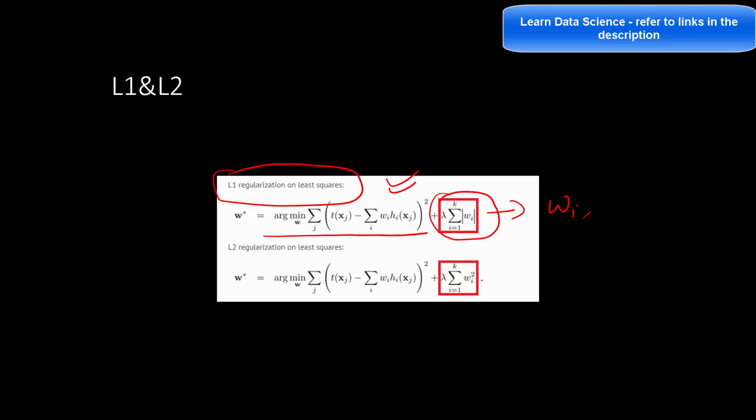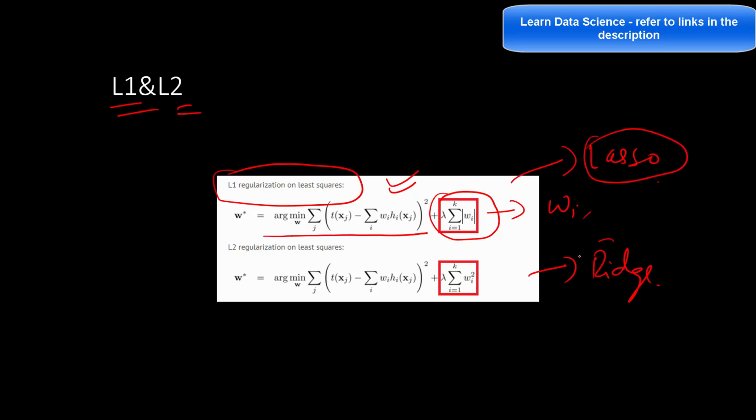If you're taking the square, we call it L2 regularization. This one we call lasso, and this one we call ridge. These are simply additional names, so depending on what you use, you call it by that name.